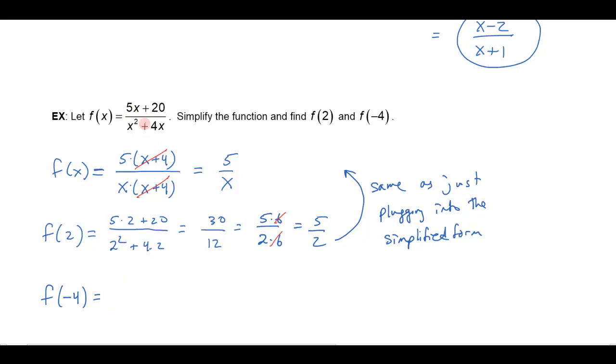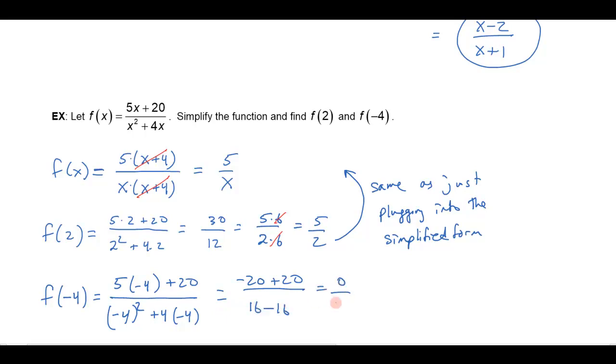But notice if I plug it into my original problem here, 5 times negative 4 plus 20, and negative 4 squared plus 4 times negative 4, well, that's going to give me negative 20 plus 20, that's 0 on the top, and 16 minus 16, that's 0 on the bottom. Okay, so notice this isn't the same as when I plug it into the simplified form.